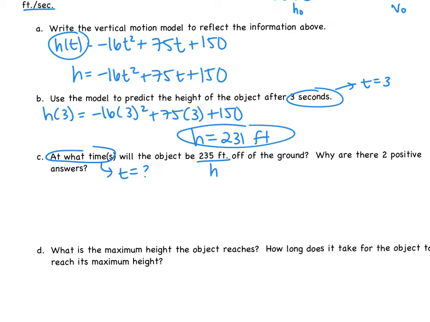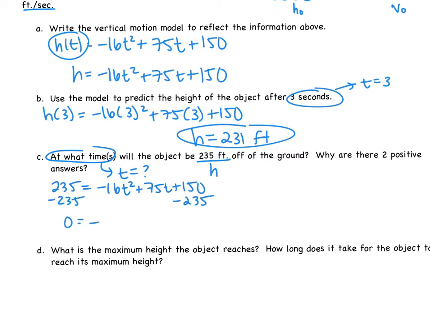So setting up that model, we get 235, that's the height currently, is negative 16t squared, add 75t, add 150. Okay, now this is something that we need to solve, and we do know how to solve this. Thinking back to the first half of the chapter, we need to set everything equal to 0. So I'm going to subtract 235.